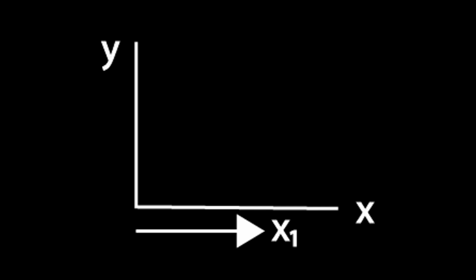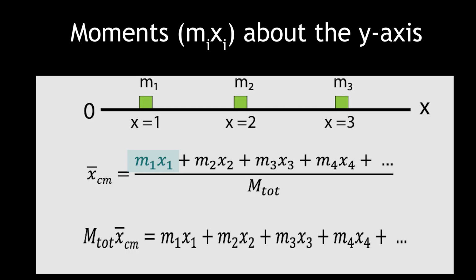This is why they're called moments about the y-axis. So the total moment about the y-axis is the sum of the top line. Divide that by the mass, you get the centre of mass on the x-axis. If you multiply the centre of mass by the total mass, you get the sum of the moments.